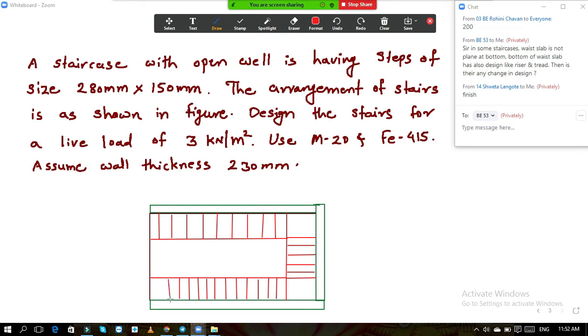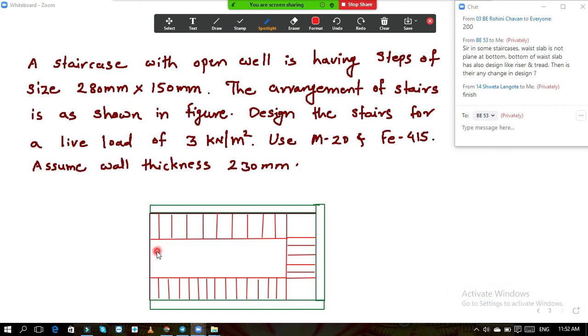And in the case of an open well staircase, a beam must be provided at the bottom to support, which will act as a support over here. It will provide the support.